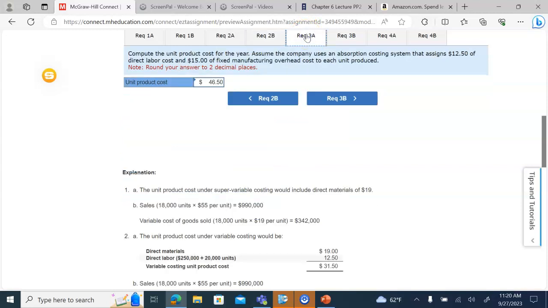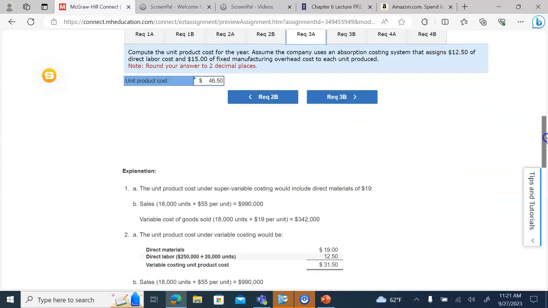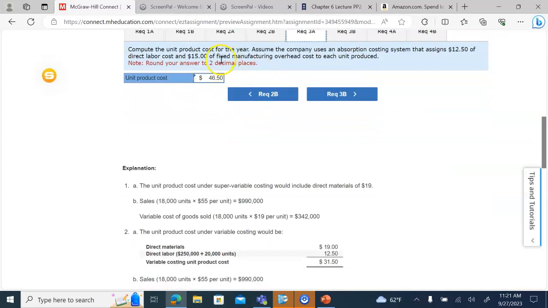Number 3, compute the unit cost. Assume the company uses absorption costing that assigns $12.50 of direct labor and $15 of fixed manufacturing overhead to each product. So guys, it's going to be the $12.50 plus the 15 plus our materials up here of 19 gives us our unit product cost.